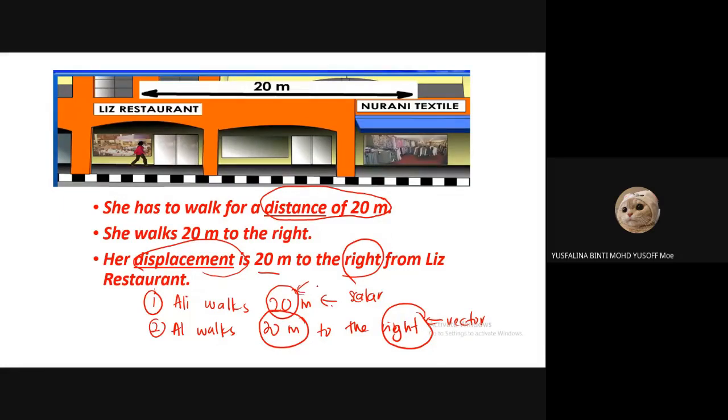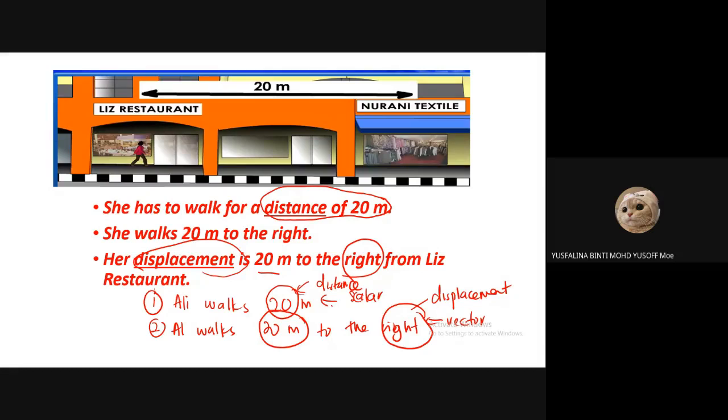So this physical quantity we call distance, and this one with the magnitude and also the direction we call displacement.